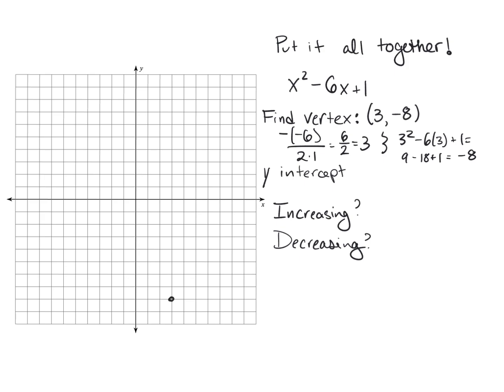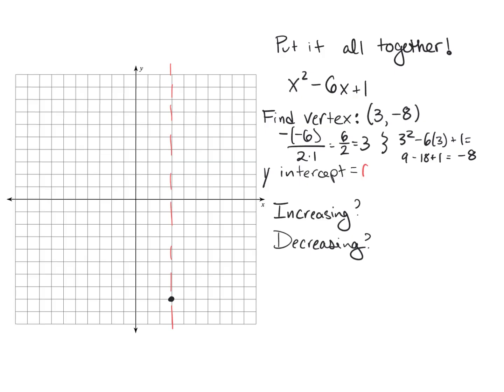So (3, -8). The next thing I'm asked for here is my y-intercept, and even if I just get my y-intercept, I'll have enough points to at least generally get a picture of what this looks like, right? Because if I have my y-intercept, then I know at least one other point on the other side. I get my y-intercept by plugging in 0.